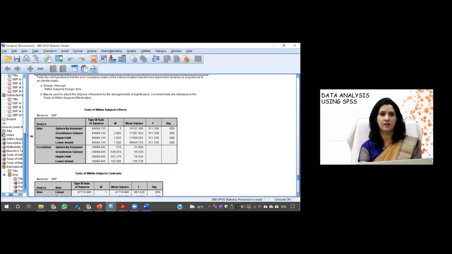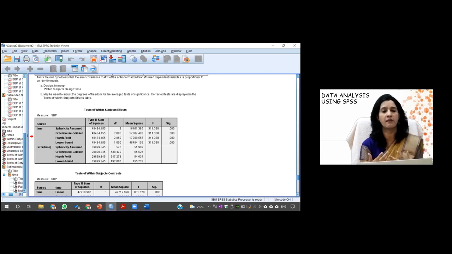In general, there is one rule. In general, you will never get sphericity assumed in an experimental study or in repeated measures, usually. Why? Because there will always be a difference. Like if you're doing something, you expect it to go down. Sphericity is met only if you take, say, the weight of an adult where we are not doing anything.